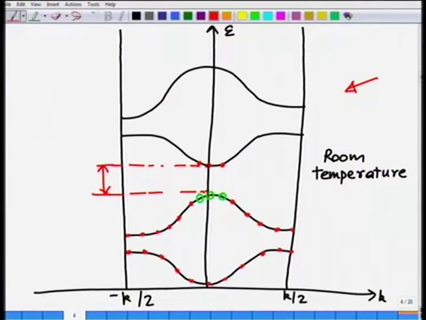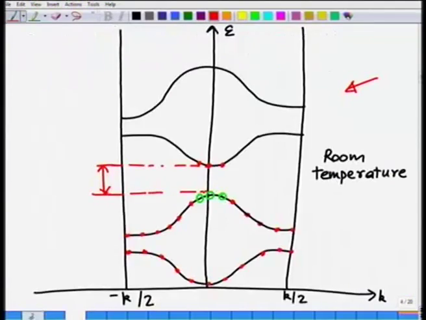And notice that they jumped from the top of the band below, band number 2, into the bottom of the third band, which was the lowest energy available. That is the minimum energy jump which is possible, and hence that is where the electrons would like to go.